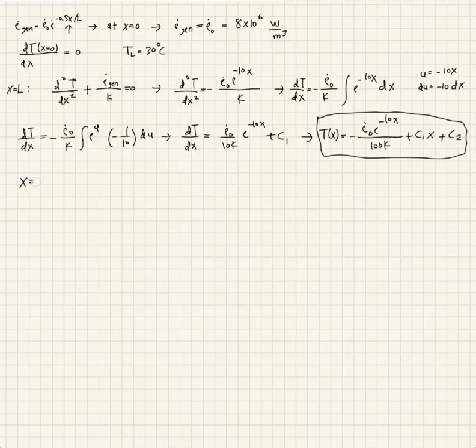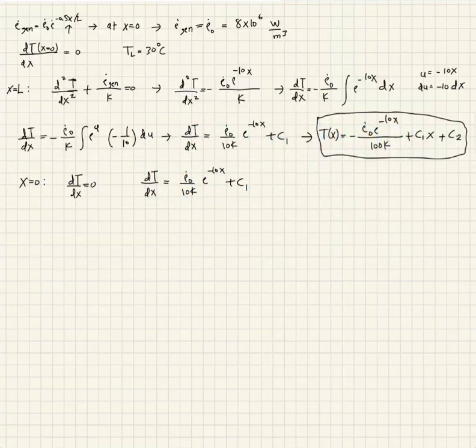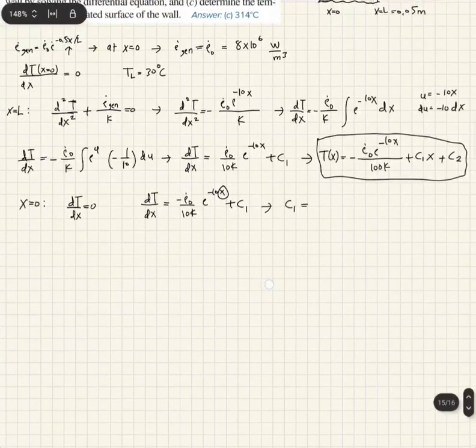So we know that at x equals 0, dT/dx is 0. Let's copy this one here. At x equals 0, this is 0, e to the 0 is 1, and 1 times that is that value, so C1 is basically negative E dot 0 divided by 10k.